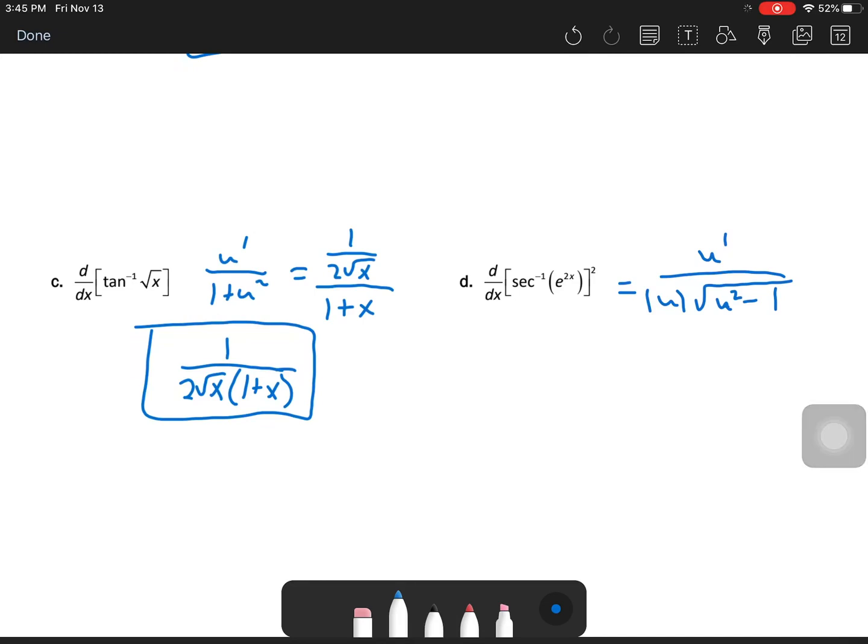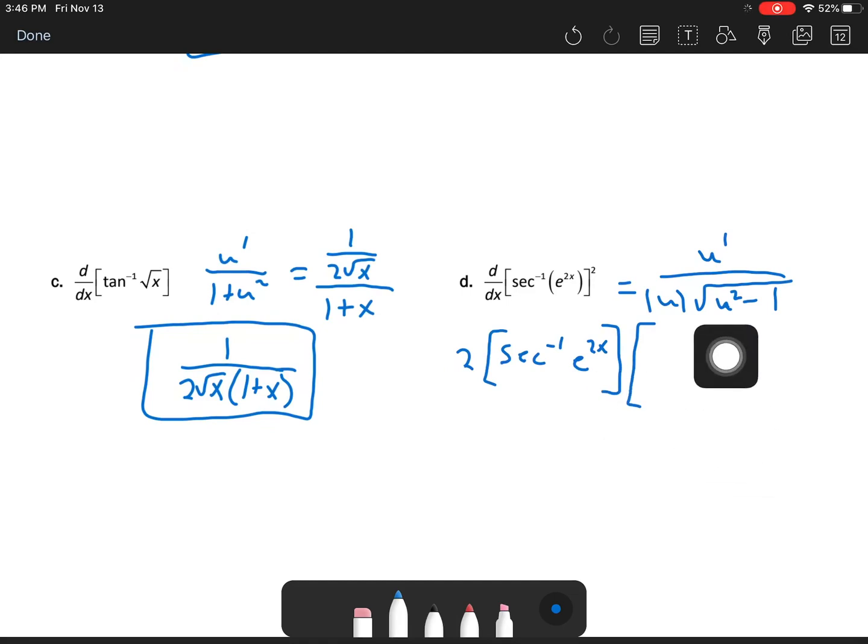So power rule first, so 2 comes down, and then I've got inverse secant of e to the 2x, and then I'm reducing my power by 1, so I don't need to really write a 1 for an exponent, and then I want to multiply it times the derivative of that inside piece right there.